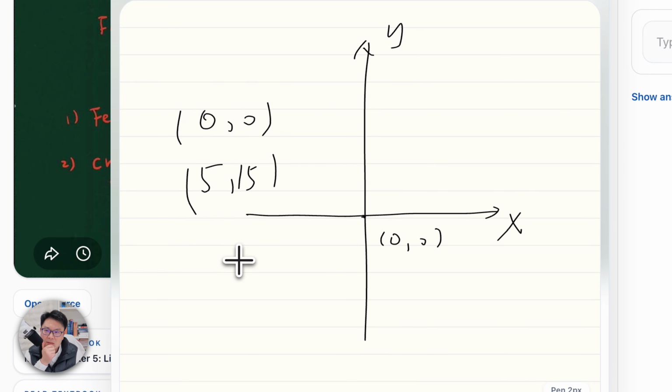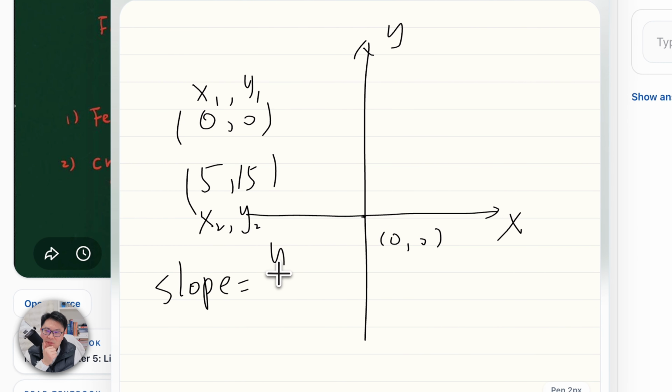In the formula, the first one is x1, y1, the second one is x2, y2. Still remember that, right? The slope is y2 minus y1 divided by x2 minus x1. So the slope is 15 minus 0 over 5 minus 0. The slope is going to be 3.